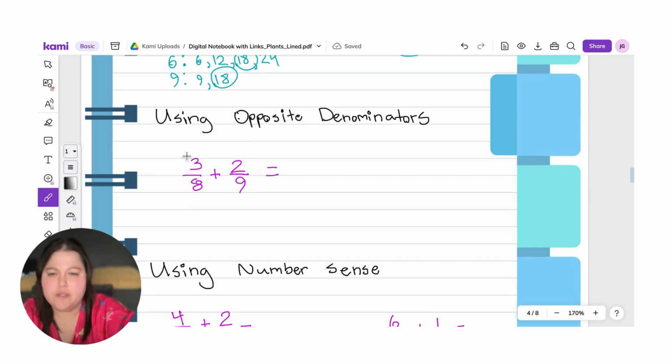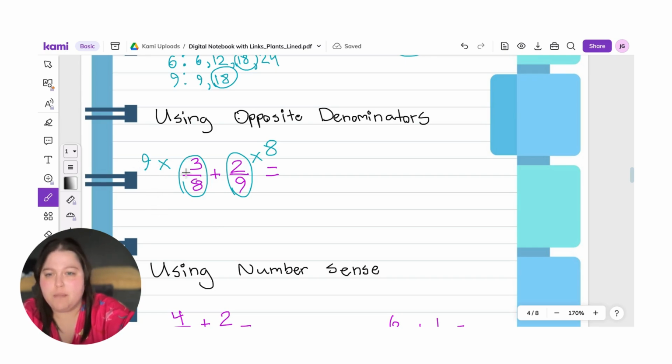I'm going to take 3 over 8 and multiply by 9, the other denominator. And then I'm going to take my second fraction, 2 over 9, and multiply by 8, the other denominator. This will help me create equivalent fractions with common denominators.